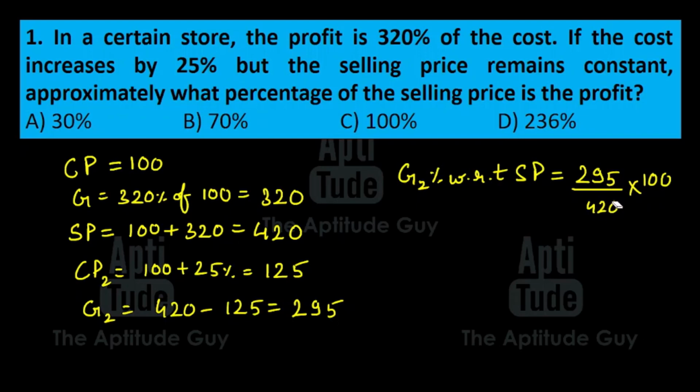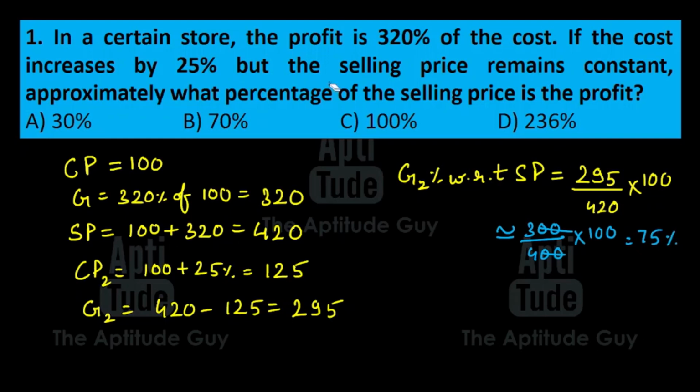But what is stopping you from approximating at the beginning itself? Let's do that. Now 295 divided by 420. Let's approximate it. 295 approximately is 300. 420 is approximately 400 into 100. So 0 and 0 gets cancelled. 3 by 4 into 100 is nothing but 75%.